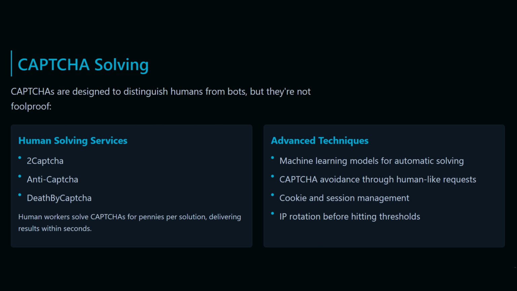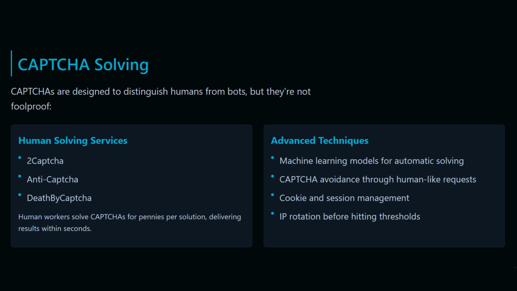Attackers use those automated CAPTCHA solving services like we mentioned, 2CAPTCHA, anti-CAPTCHA, and death by CAPTCHA. These services employ actual human workers who solve CAPTCHAs for pennies per solution. The credential stuffing tool encounters a CAPTCHA, sends it to the solving service, receives the solution within seconds, and continues the attack.